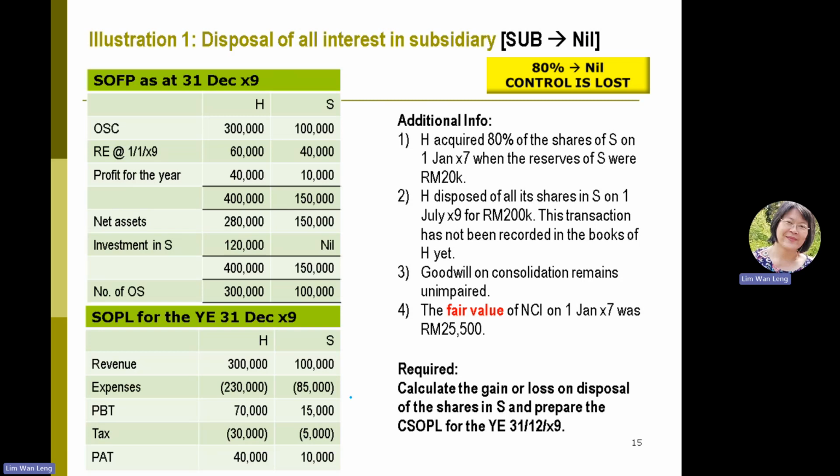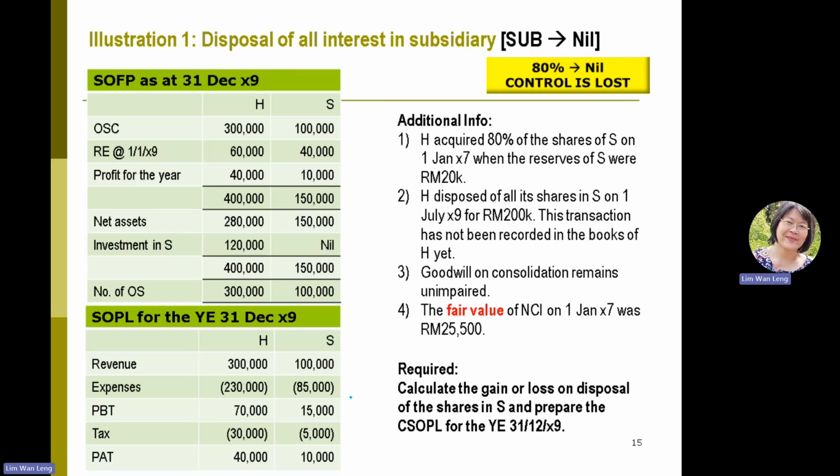Actually, you see nothing. All right, so you just look at the SOFP. H means the holding company, S is the subsidiary. You are given OSC, retained earnings brought forward from the previous period, and then the profit for the year. So it's a very simplified one.